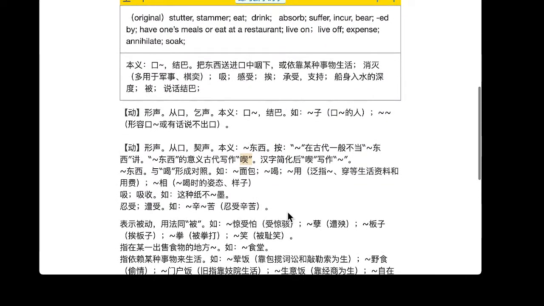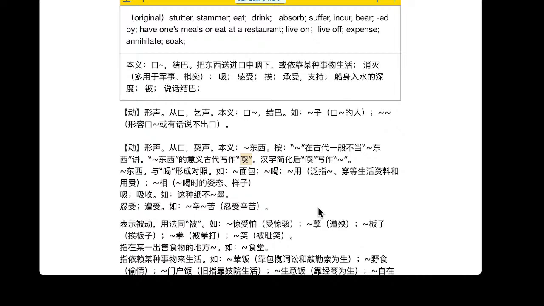Now it also means to bear, to absorb. Like 这个章只吃墨, 吃墨 means it has the ability to absorb ink. 不吃墨 means the paper does not absorb ink very well.